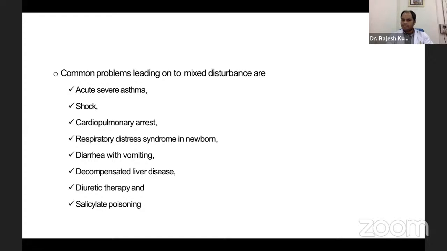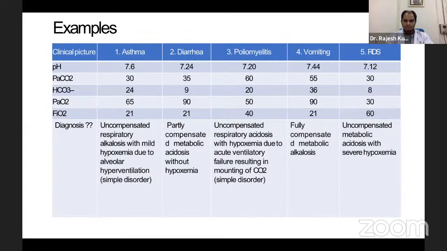Also in ARDS, in newborns, patients having diarrhea with vomiting, decompensated liver disease, patients on diuretic therapy, and salicylate poisoning. There are a few examples you can see here. In asthma, what type of ABG will you find? These are all mixed disorders.